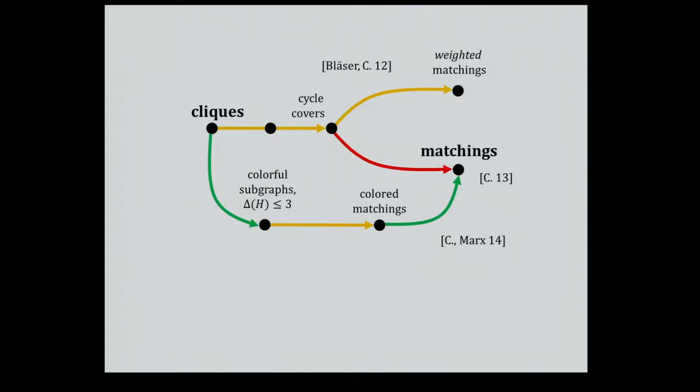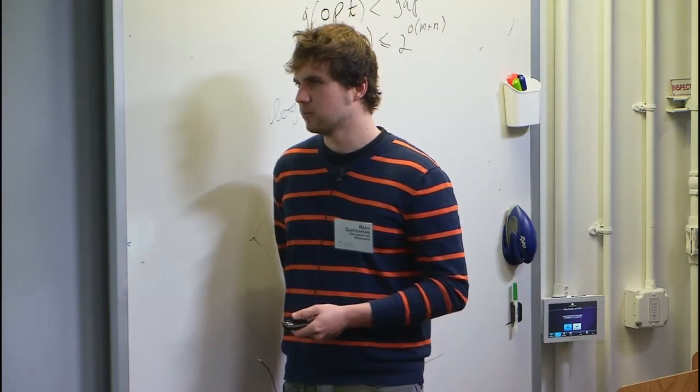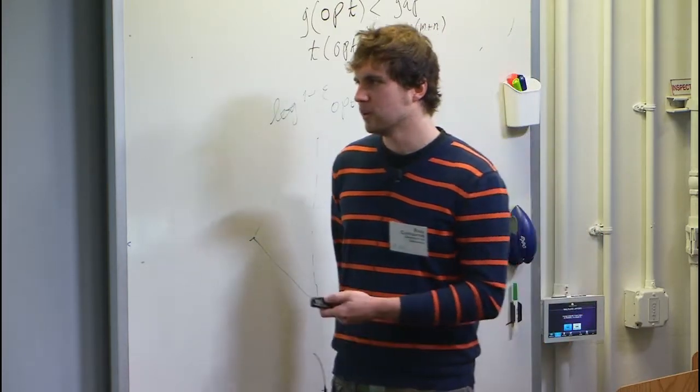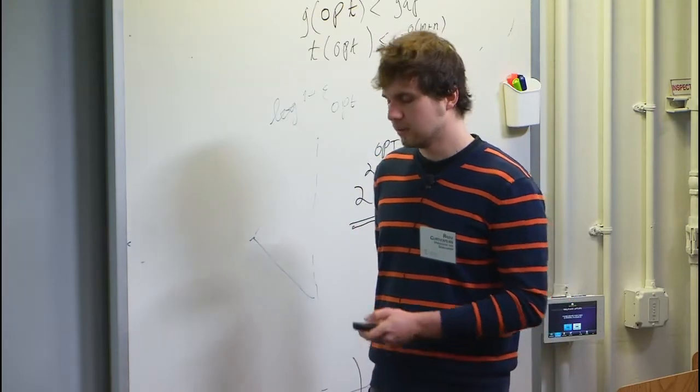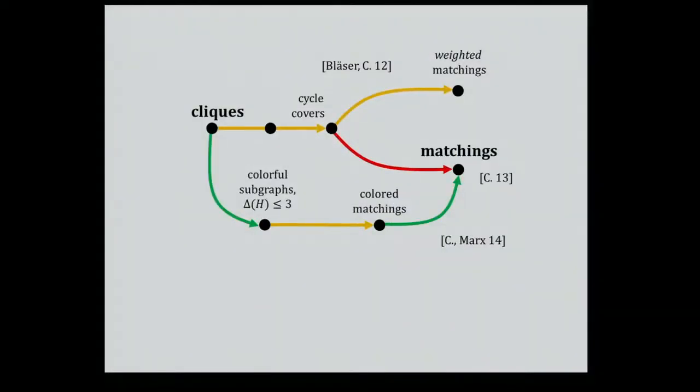So the color of an arrow in this picture should just indicate the complexity of the proof involved for proving that reduction. So last year we had a proof that used 2 green arrows and 1 yellow arrow. And a few months ago by now, we found a new proof for this yellow arrow. So by now there is a path from cliques to matchings which uses only green arrows. And this is what I want to sketch now.